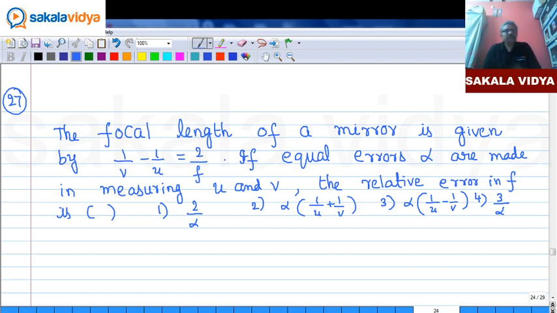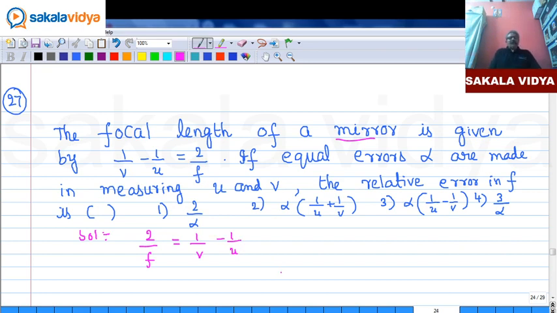So, now the focal length of a mirror is given by the formula 2 by f equal to 1 by v minus 1 by u.